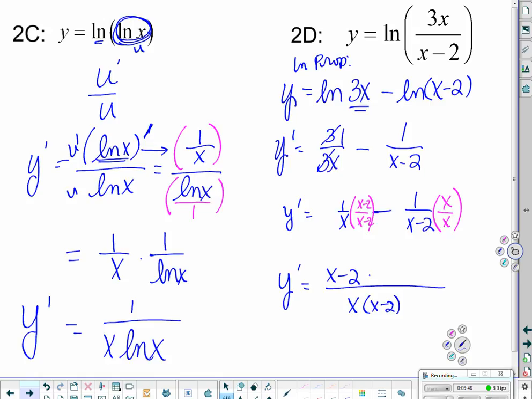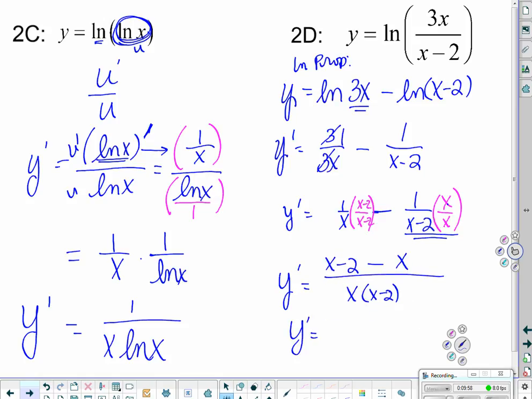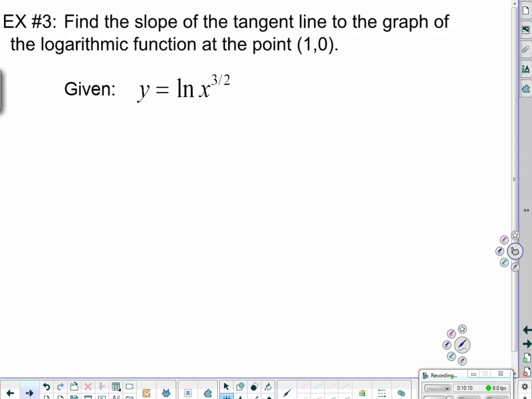Minus sign, x on top, and there's that common denominator that we brought in. All right, simplify the top. We're sitting with y prime equals x minus x is a 0, so a negative 2 over x minus 2. Final answer. Practice those. Practice on making like denominators.